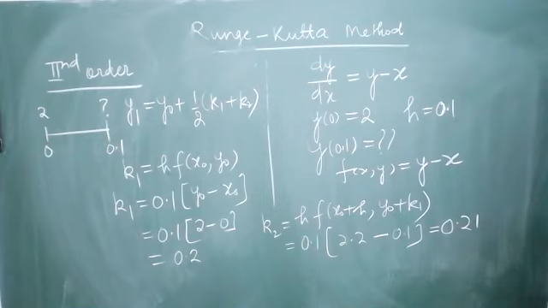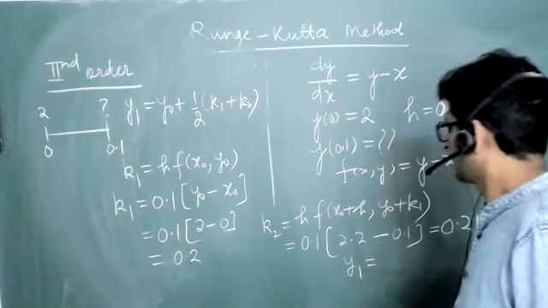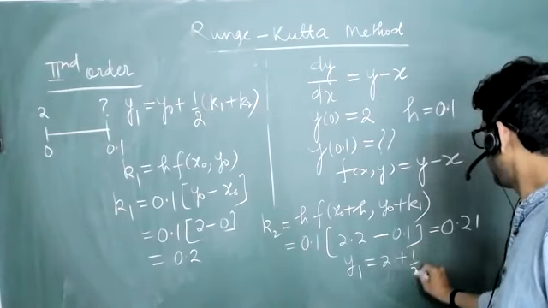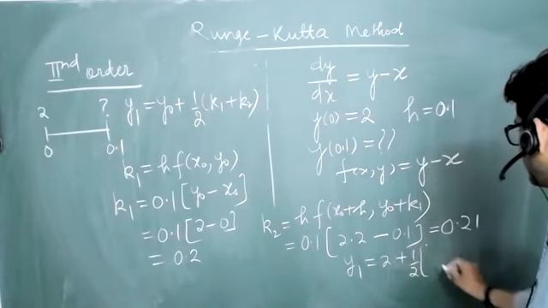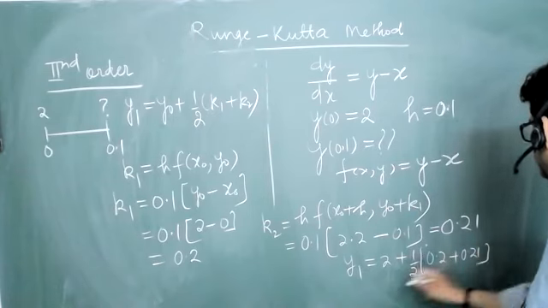y1 is equal to 2.205. Right? So what is y1? y0 plus half of 0.2 plus 0.21.